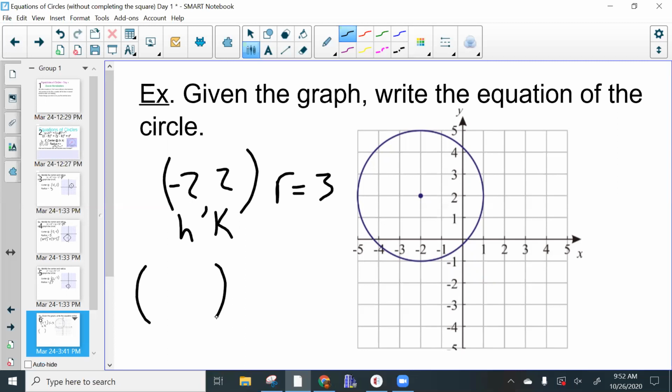Can anyone tell me what that's going to be? Yeah, x plus 2 squared. Yeah, and then y minus 2 squared. And then what about our r?